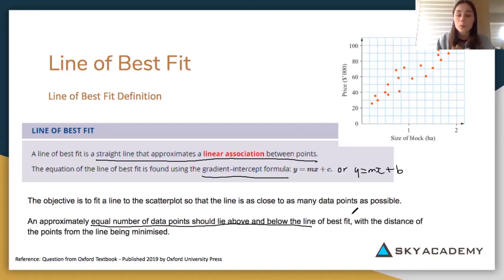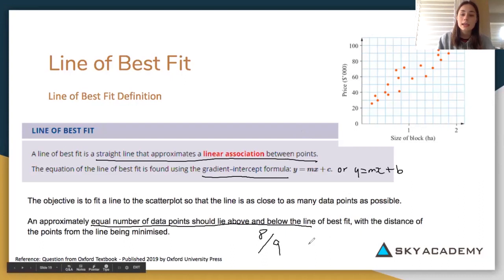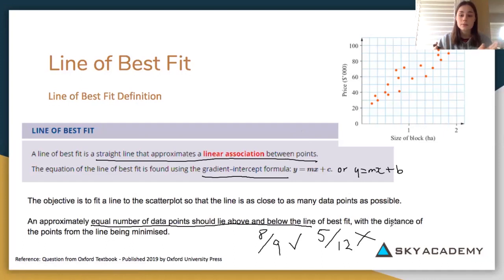Now, this won't always be possible. Sometimes you might have 8 above and 9 below, but you want to try and get as close to it as you possibly can. So that would be okay, but having maybe 5 and 12, that would be bad. You want to try and get to an equal number as possible.